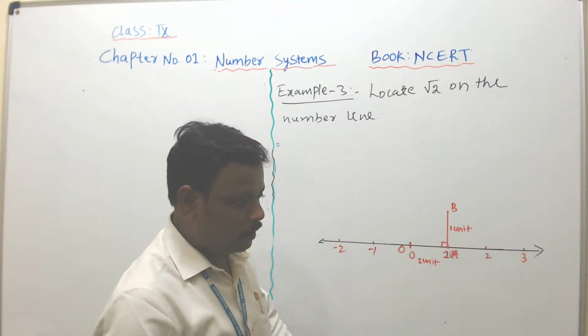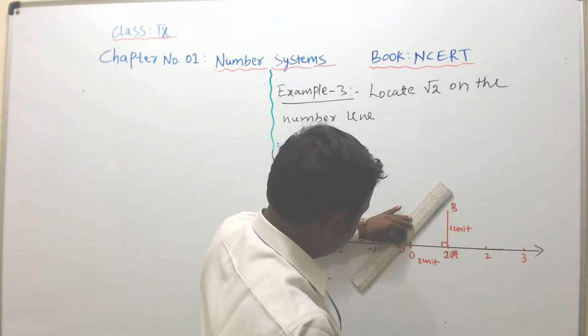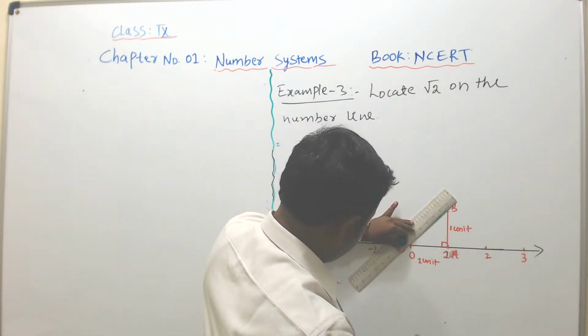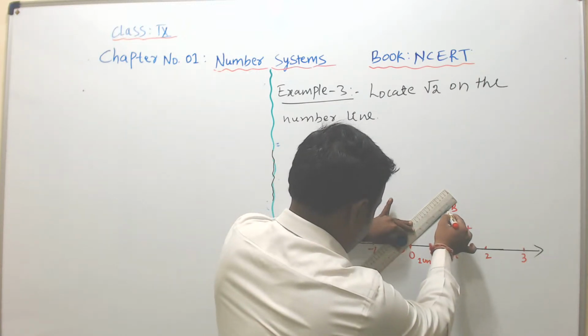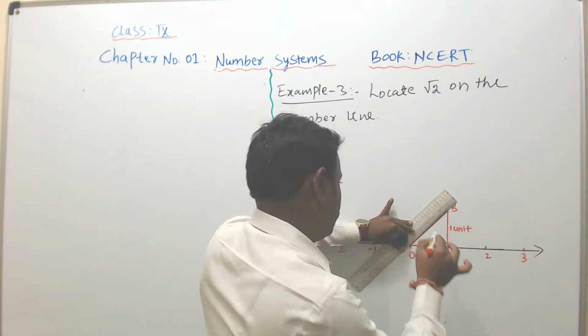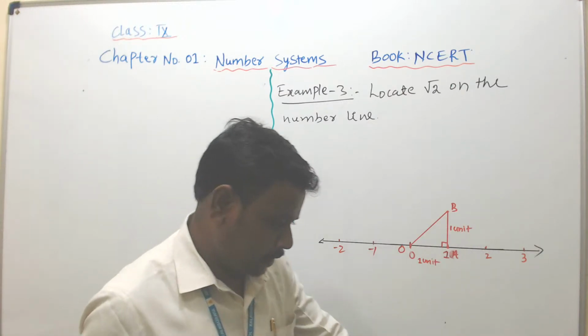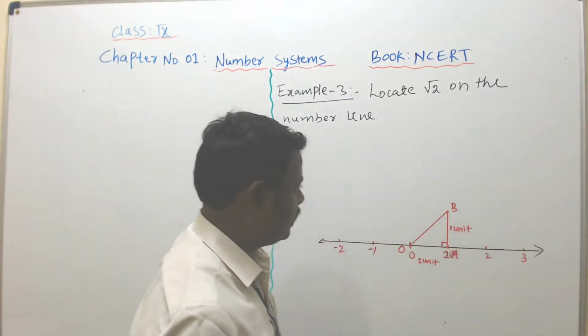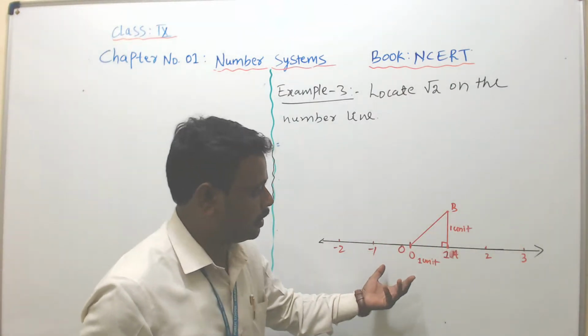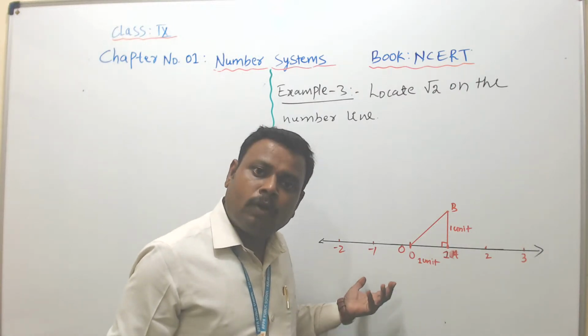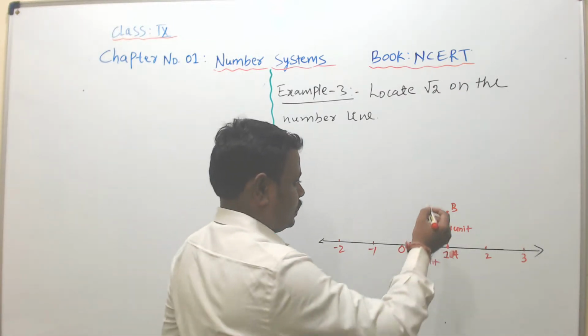Remember. Now I am joining OB. Now I will write it here. So what we have done is construction on the number line.